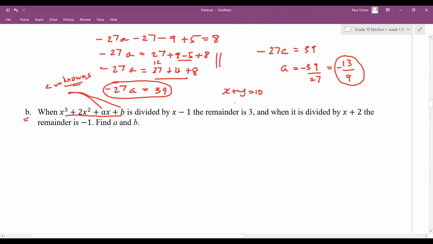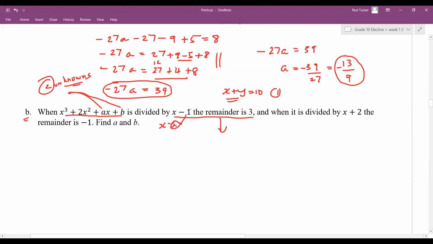How can you solve that? We've got one equation, but we have two unknowns. So this has more than one answer, right? So to do these questions with two unknowns, we need two bits of information. So we've got, when you divide by x minus 1, the remainder is 3. So that's telling me now this is x minus a.